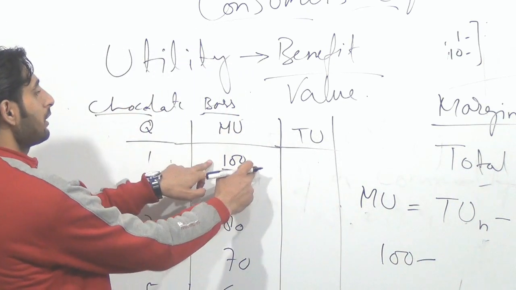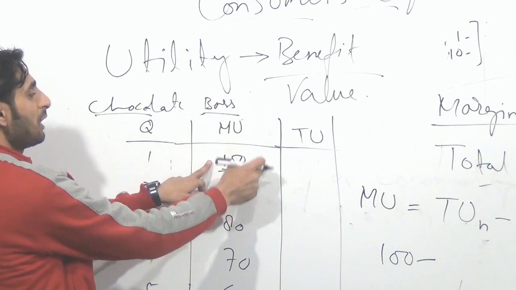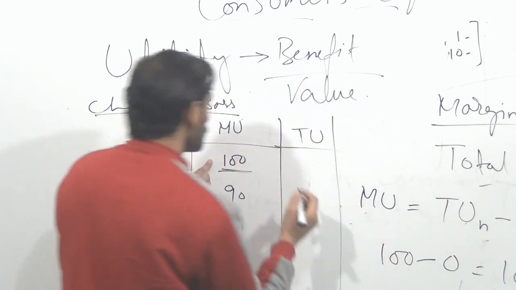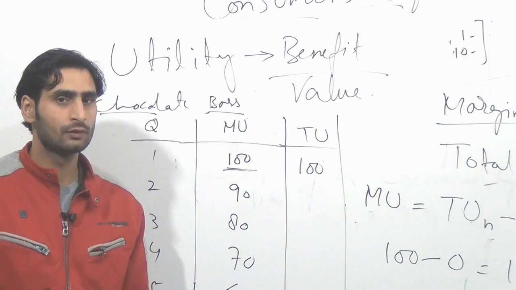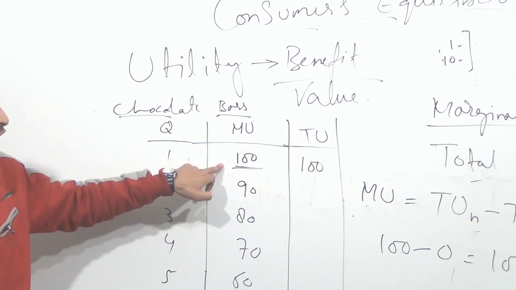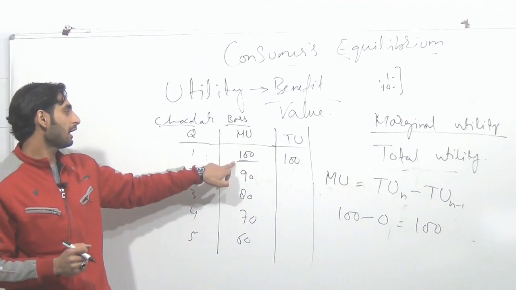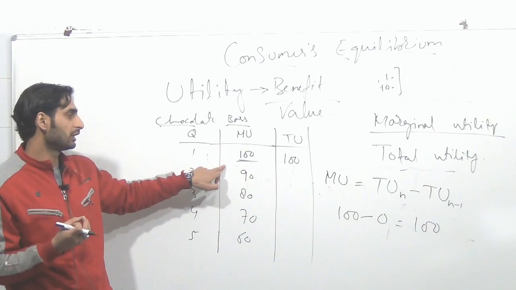We haven't consumed any unit in the past, so it is 0. 100 minus 0 is equal to 100. So the utility here is 100 only. I have consumed the first unit, the first chocolate, and I am able to derive 100 utils of utility from it.